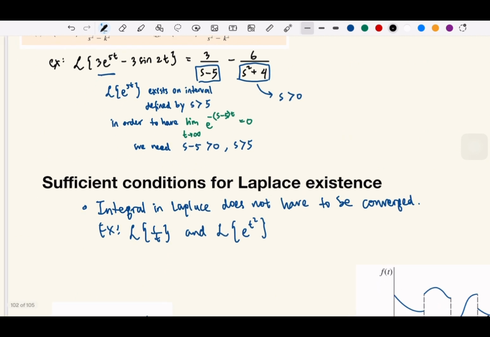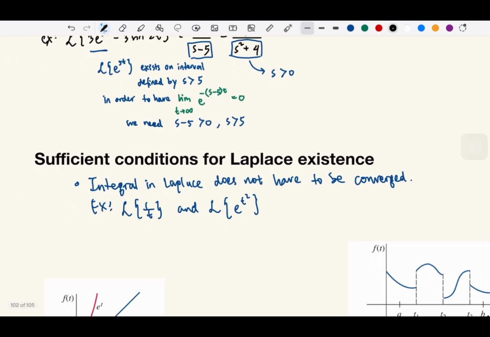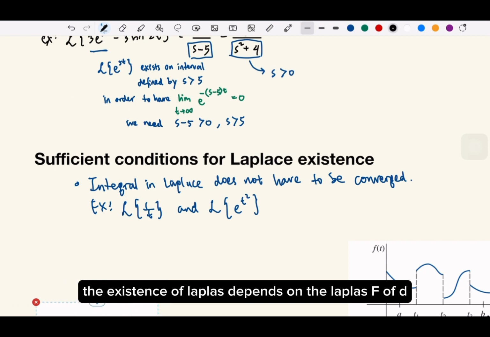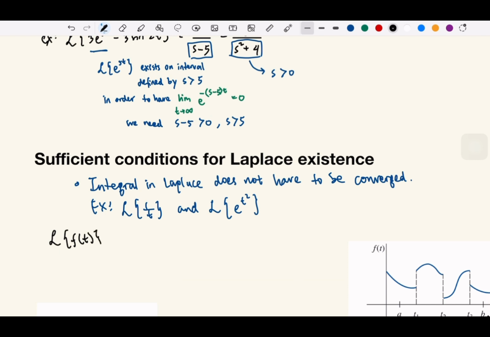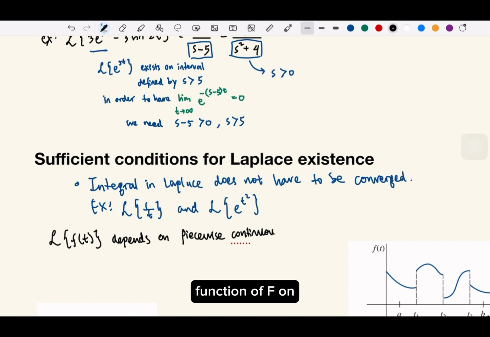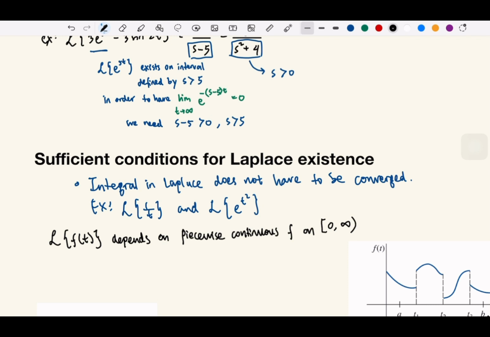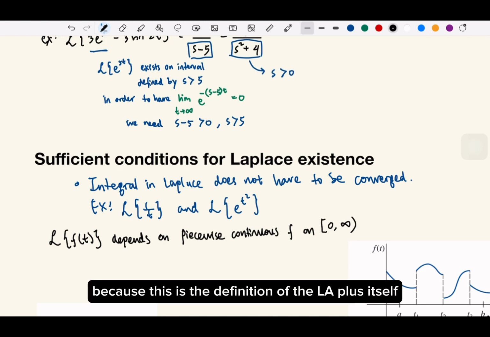So the existence of the Laplace of f of t depends on f being a piecewise continuous function on 0 to infinity. Okay. Why do we need to take this interval? Because this is the definition of the Laplace itself.